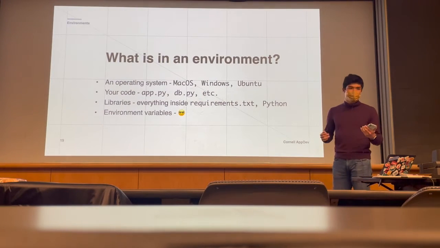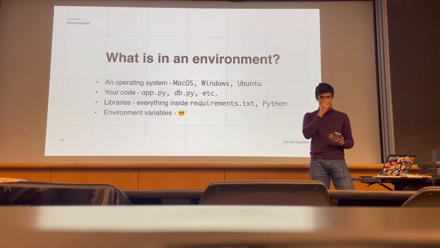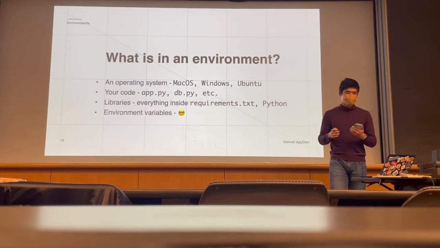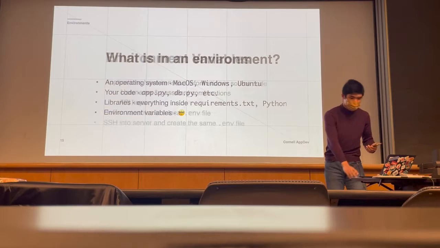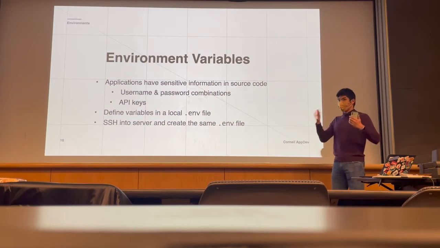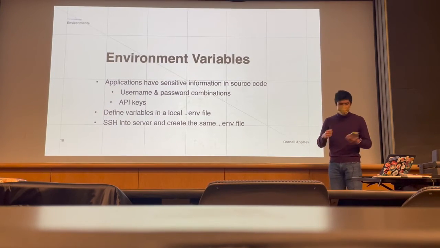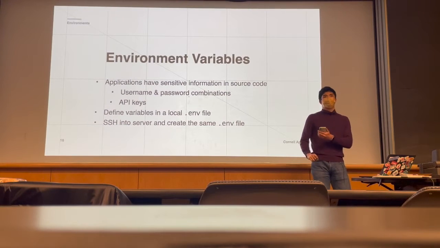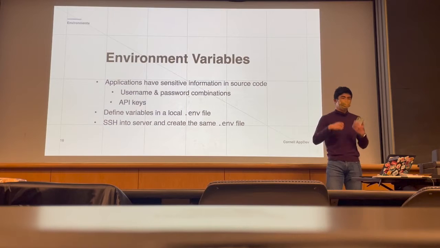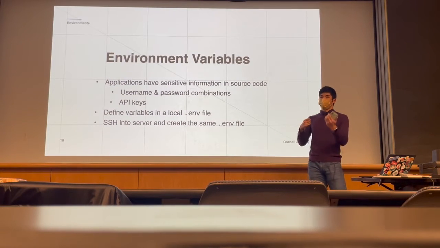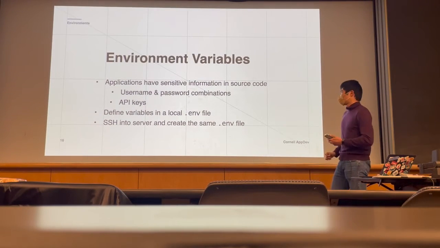So, just to clarify, we're going to cover what environment variables are, just for those of you who aren't particularly familiar with that yet. What are environment variables? Environment variables are strings or pieces of text that you don't want actually present in your code when you deploy it, or put it on GitHub, or upload it elsewhere on a bucket service.